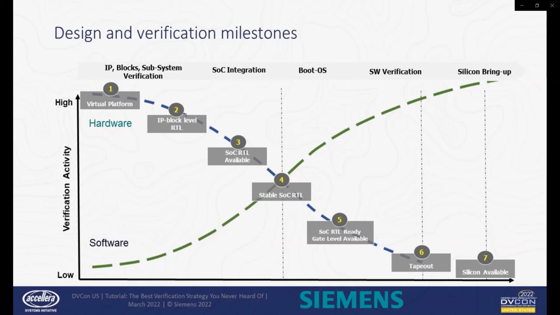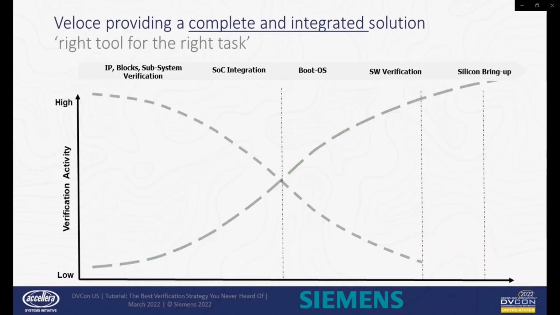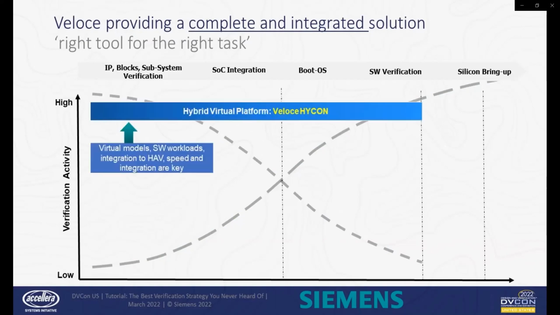The market dynamic that we see is that there is a need for the right tool for the right task, and you need a complete offering to help you with all these necessary steps. On the hybrid virtual platform, we offer Veloce HYCON.